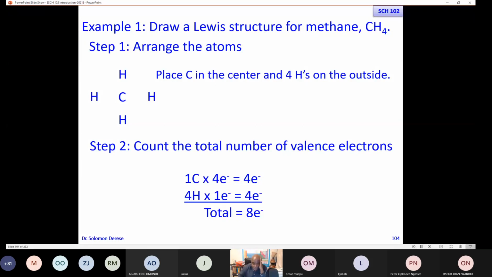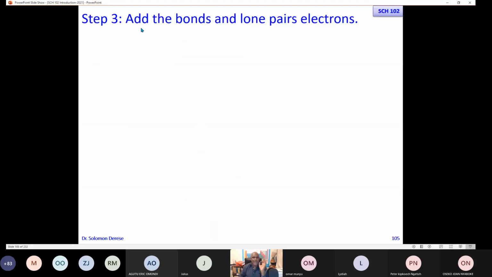Now we'll use these electrons in forming a bond between the hydrogen and the carbon. So now we have carbon forming a bond with this hydrogen, with that hydrogen, with that hydrogen, with that hydrogen. We'll use these 8 electrons first and foremost to form a bond. So add these electrons as bonds and lone pairs of electrons.